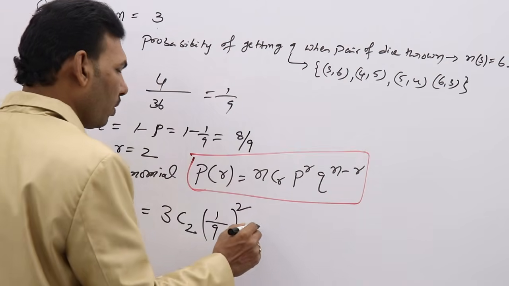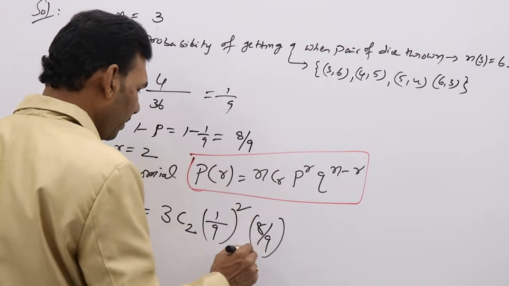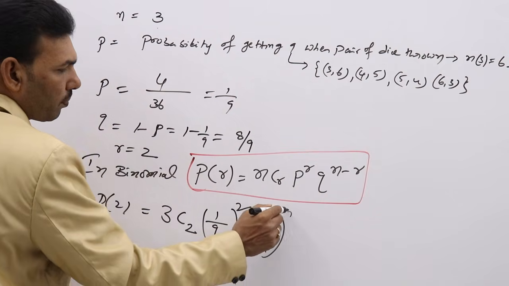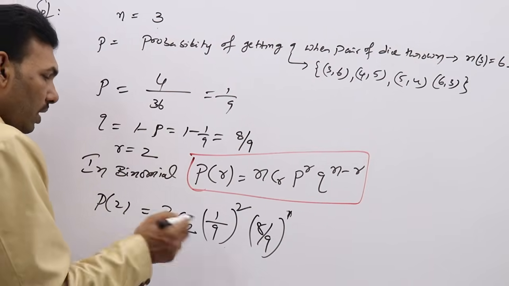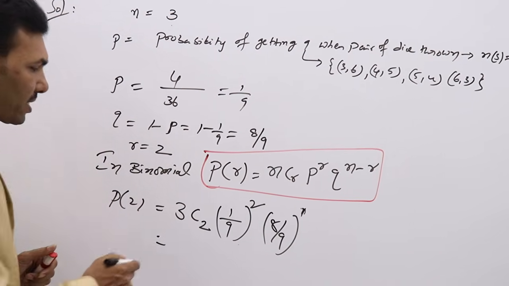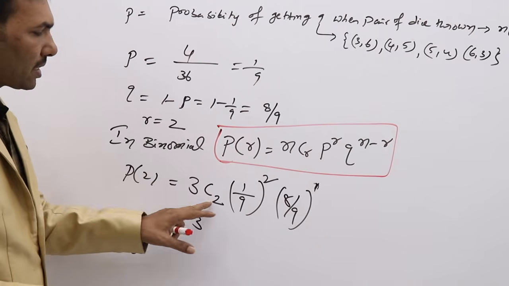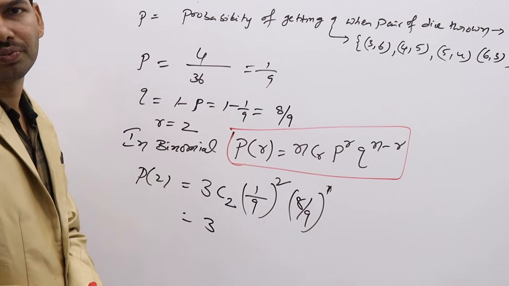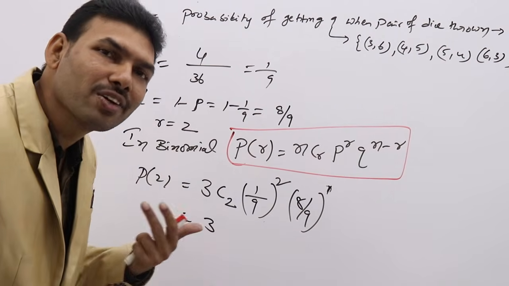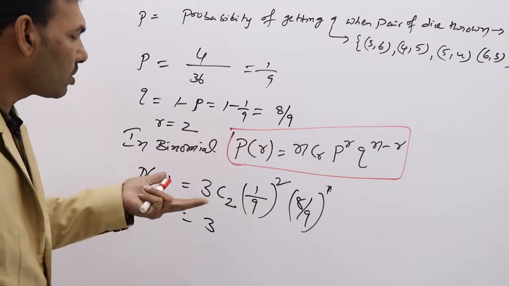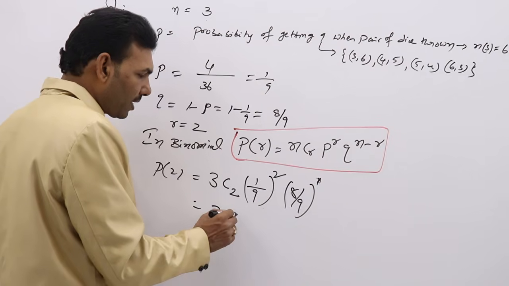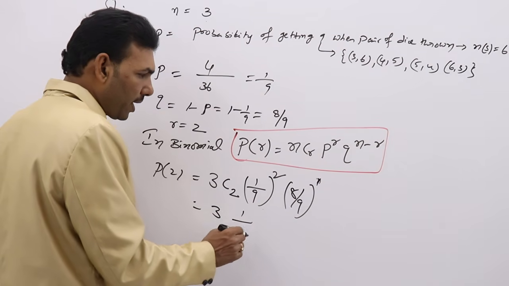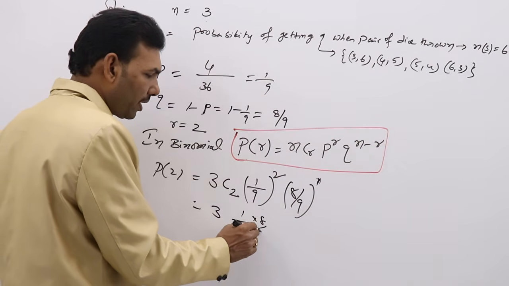Q also we know 8 by 9, 3 minus 2, 1. 3C2 is 3C1 only, 3C1 is 3. 1 by 9 square, we can write like 1 by 81 into 8 by 9.